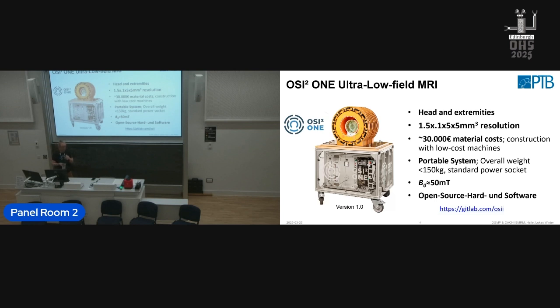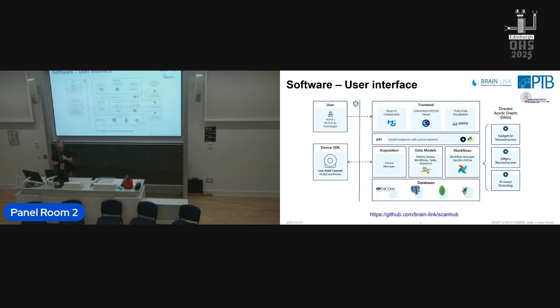It's a portable system, so you're at around 150 kilograms for this one here. Field strength 50 millitesla. So basically, yeah, pretty safe to use, really. And the stray field is also very low, so you can operate it close to other devices. And it's open source.